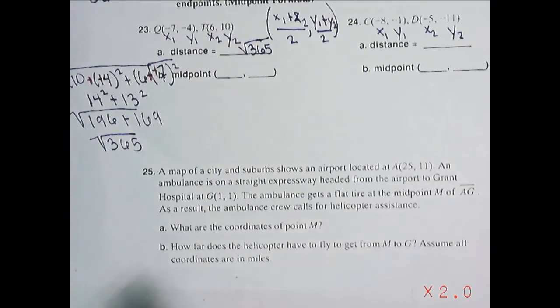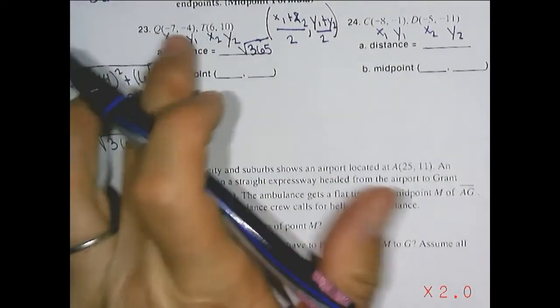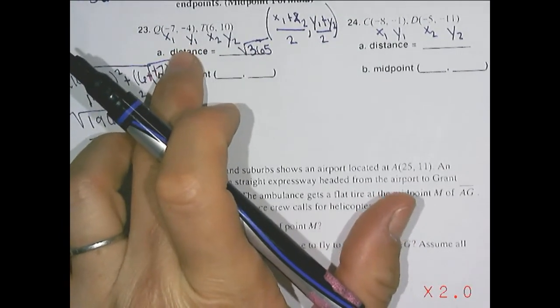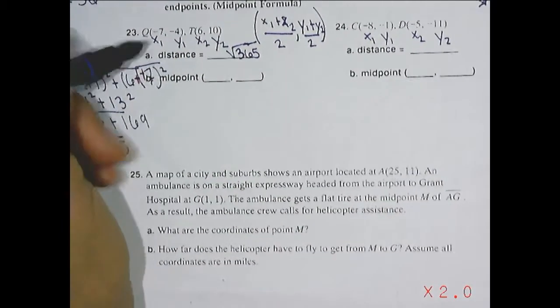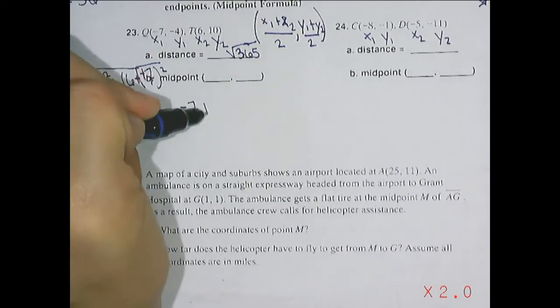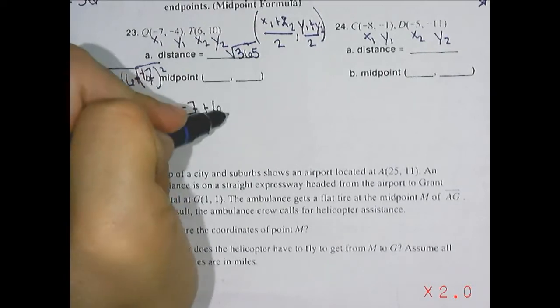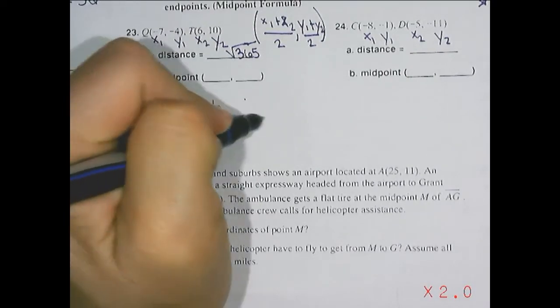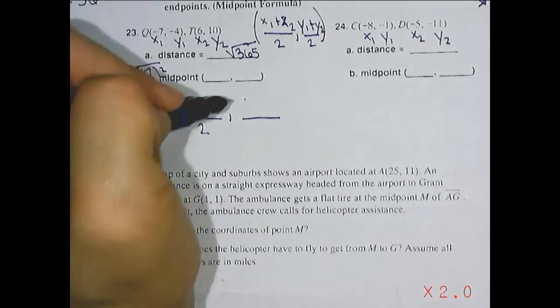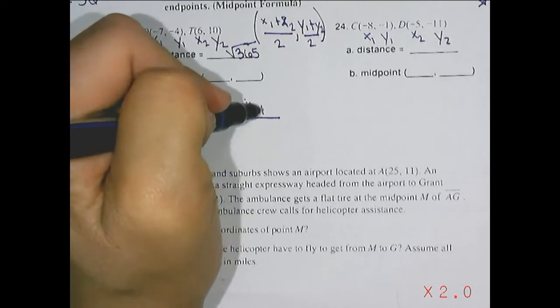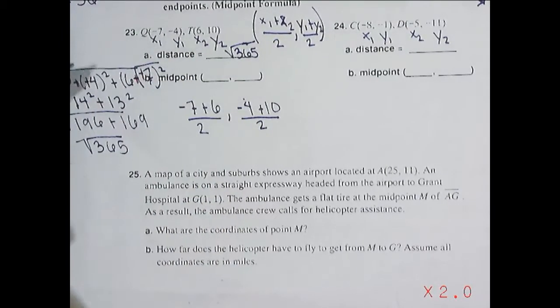Okay, now we need to do the midpoint. So again, I'm going to take these points, how I labeled them. I'm going to take my x's first, so negative 7 plus 6, and divide it by 2. And then I will take my y's now, negative 4, add it to 10, and divide by 2.